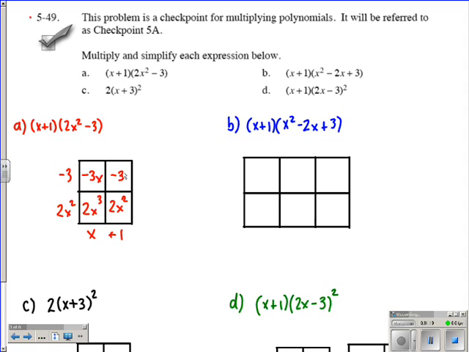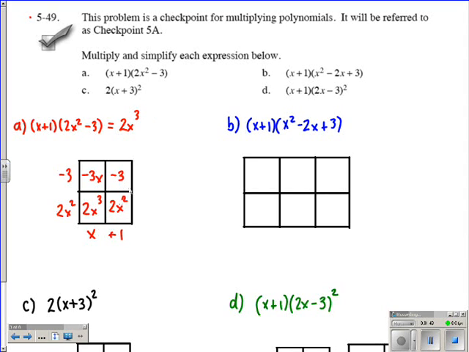So we've got the area of each part of this here. Let's put it all together to get the total area. Let's put it in standard form now. My highest degree is the third power, so you're going to want to use 2x to the third. We have a degree of 2, a degree of 1, and a degree of 0.